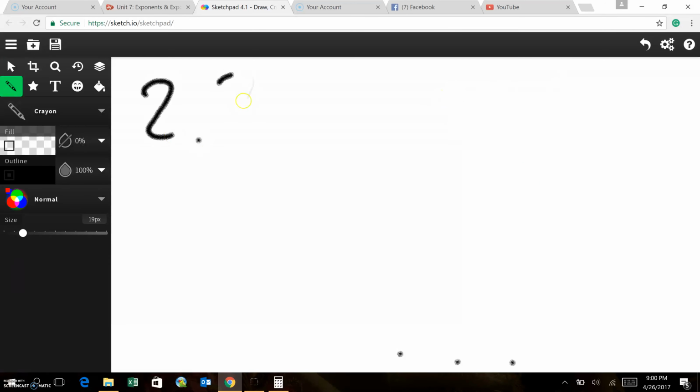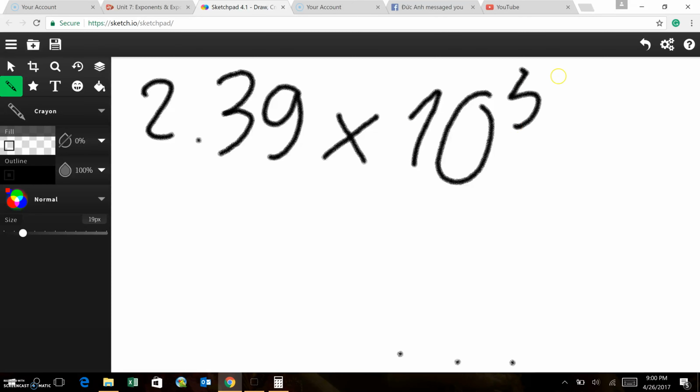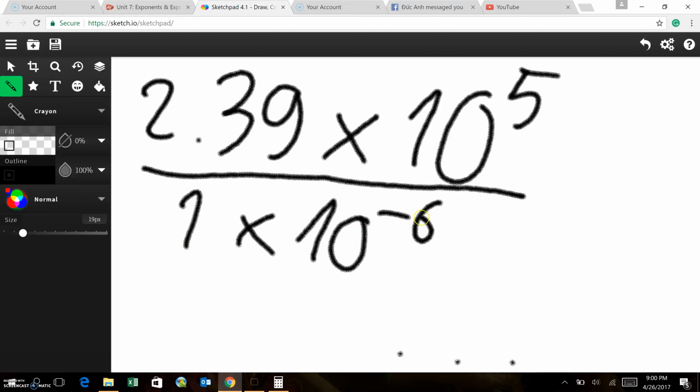The distance is 2.39 times 10 to the 5, and divide by 1 times 10 to the negative 6.